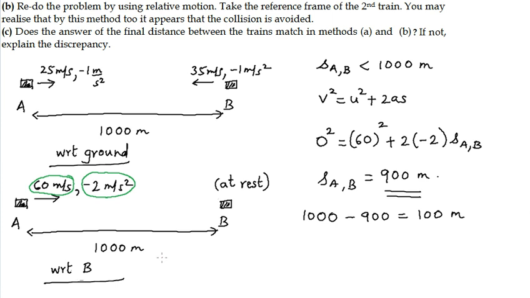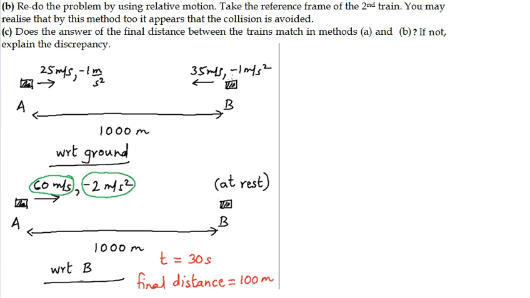So just for our reference, I'm going to write over here the total time required for the process is 30 seconds, and also the final distance between the two trains when the process ends is equal to 100 meters.